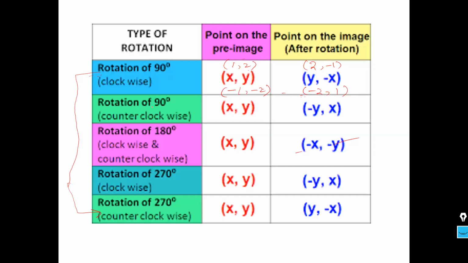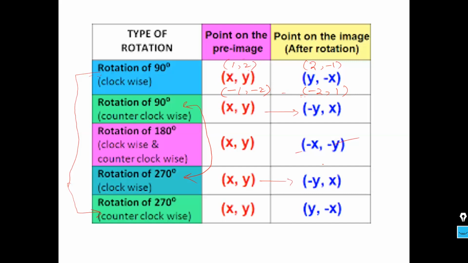So a rotation of 90-degree counterclockwise is the same as a rotation of 270-degree clockwise. Both of them are the same. You see, (x, y) turns into (-y, x).